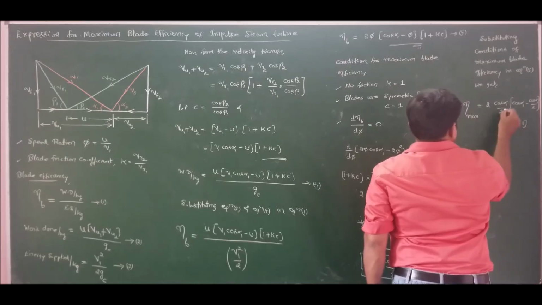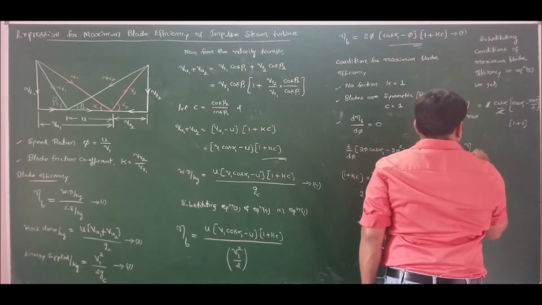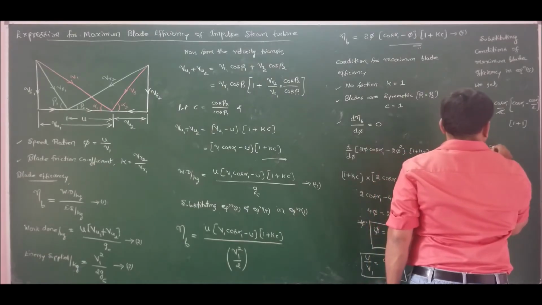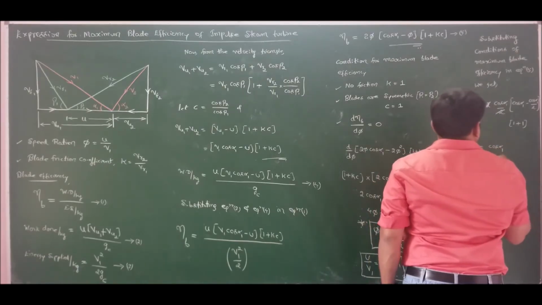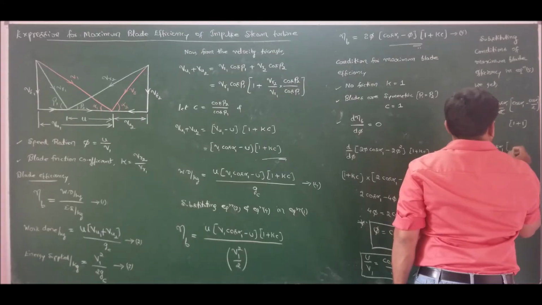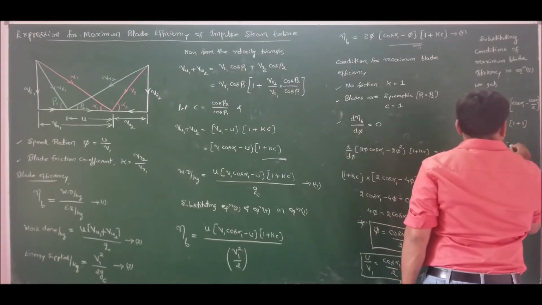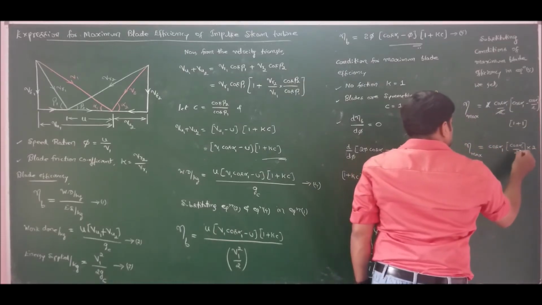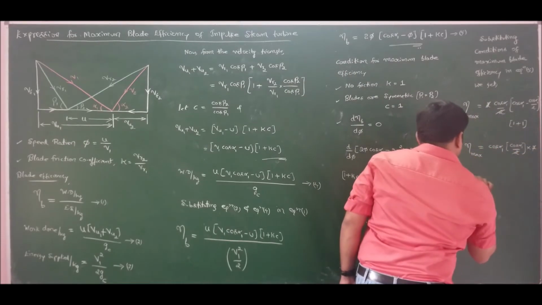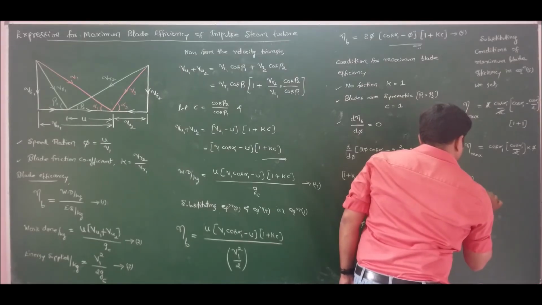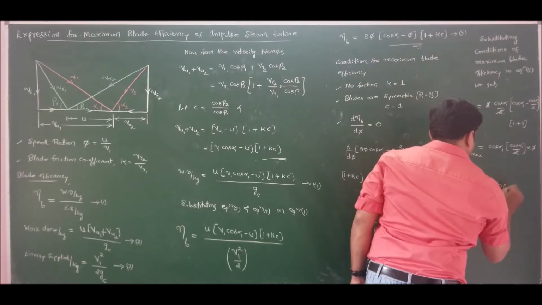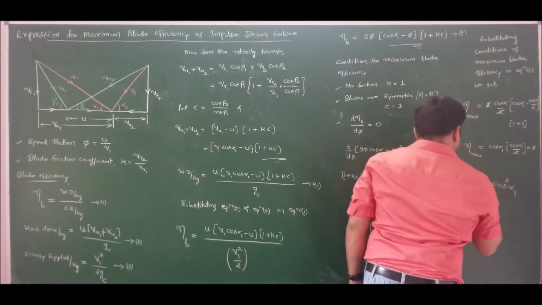So I am left with 2, and the 2 will get cancelled. Eta max is equal to cos alpha 1 into 1 minus half, which is half, over cos alpha 1 by 2 into 1 plus 1, which is 2. So this 2 and this 2 will get cancelled. Therefore the maximum blade efficiency for an axial flow impulse turbine is cos square alpha 1.